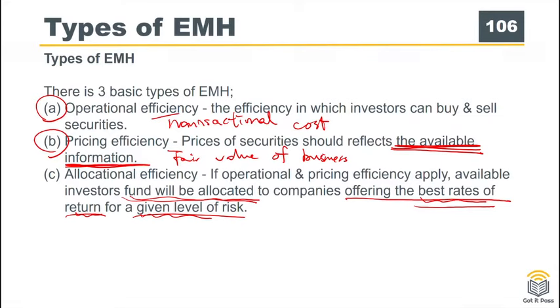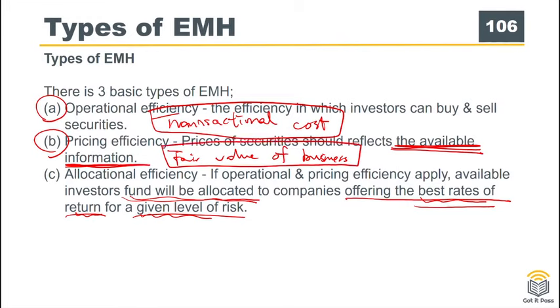Okay, so three basic types of EMH. We talked about operational efficiency. It means the transaction cost. For pricing efficiency, we talked about how the fair value of the business should be reflected by the information released.